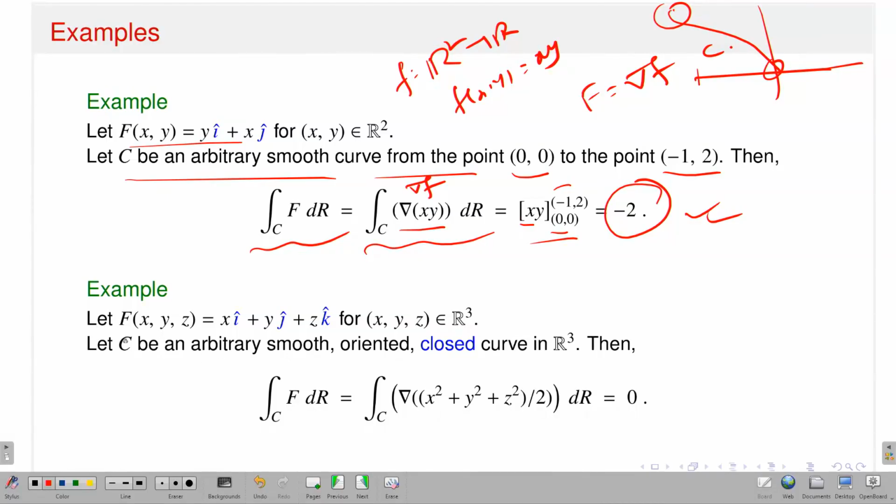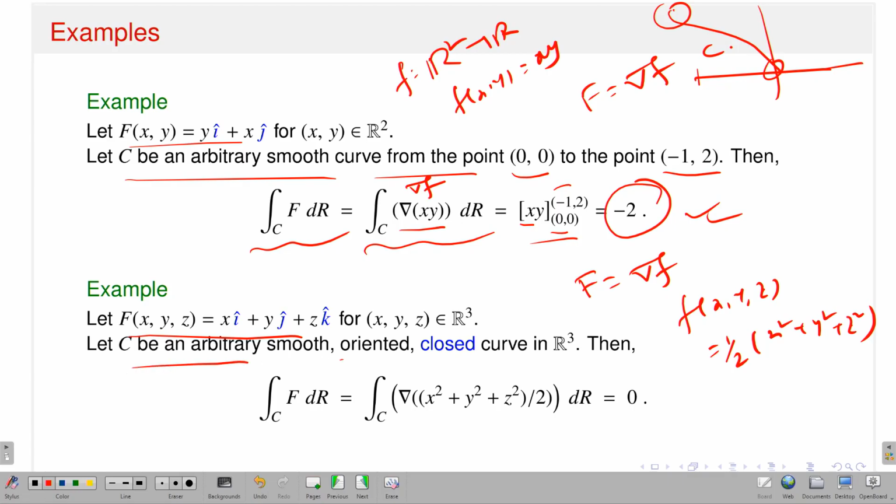Another example: we have already seen that this is also a gradient vector field. Capital F is grad of small f, where small f is the scalar potential, and if you remember, small f of x, y, z is half of x squared plus y squared plus z squared. Now, if I take any smooth oriented closed curve in R3, the integral has to be 0. Why?